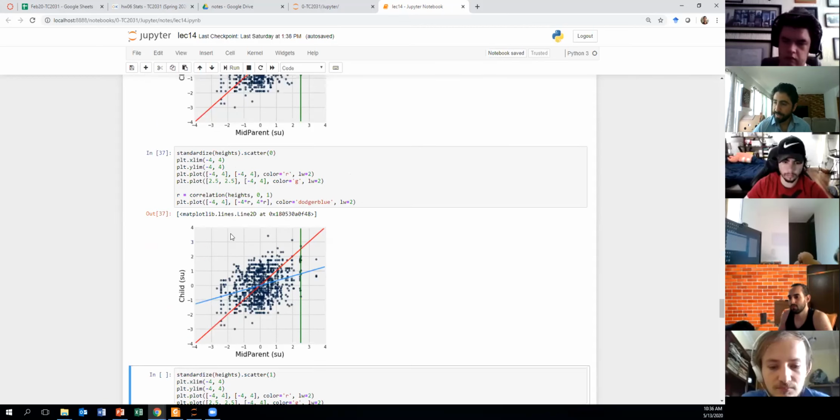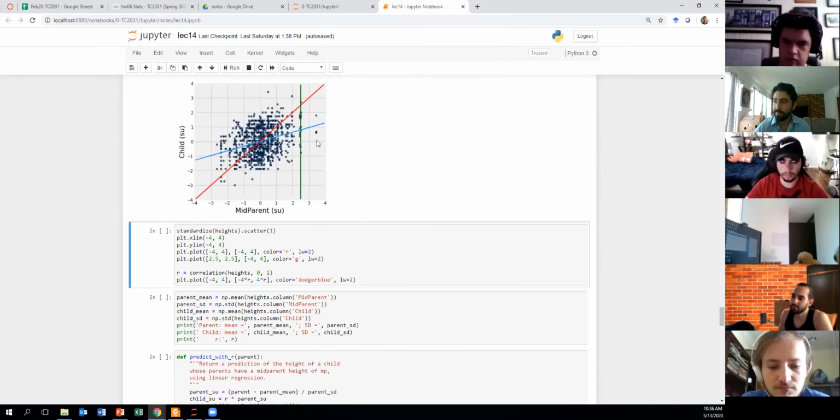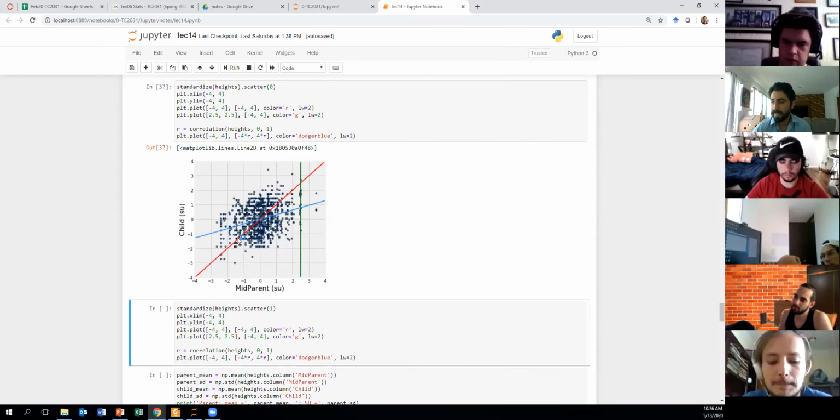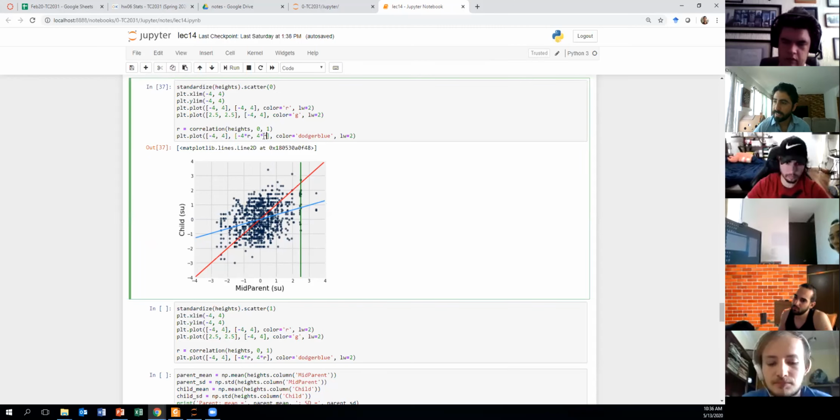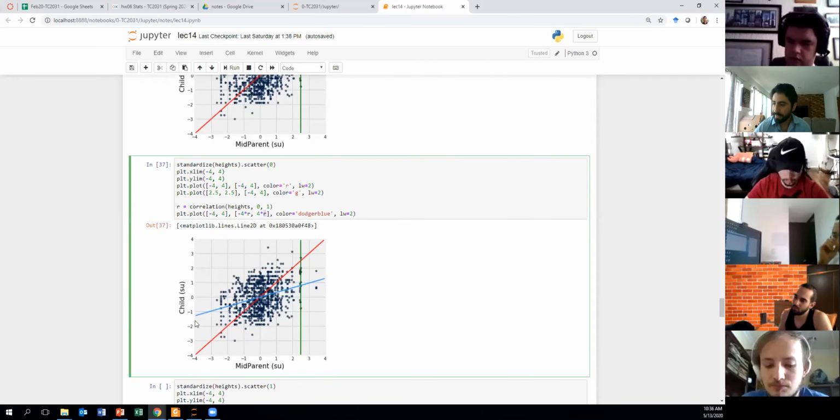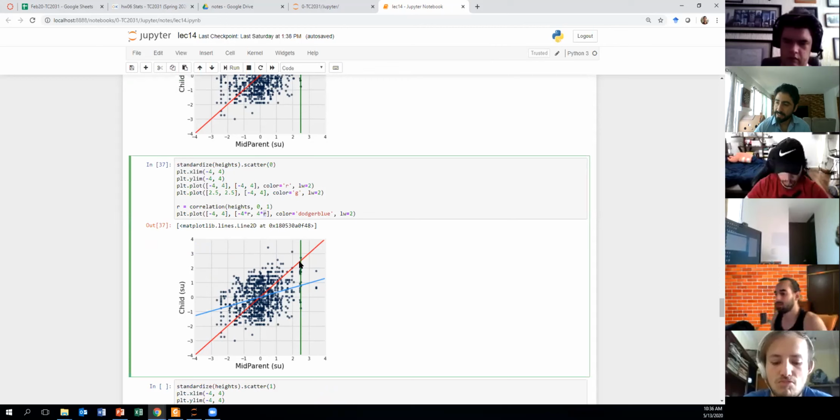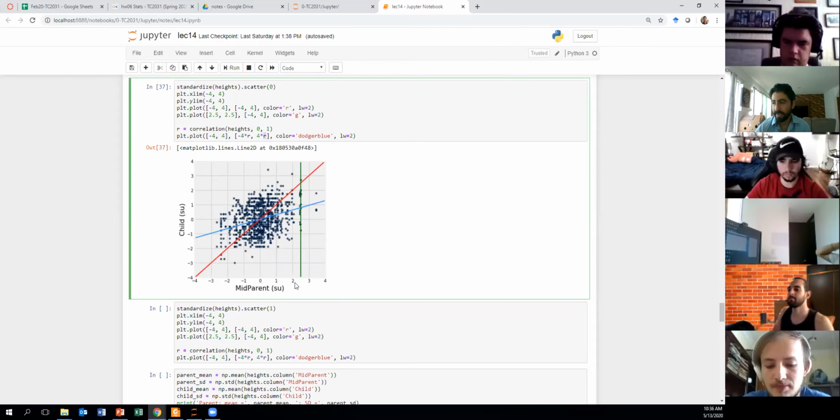In this figure, I drew this blue line, which is exactly my regression line. That's why I called it with R. Here you can see the R. That's my regression line going through all these points. The intersection between the blue line and the green line is falling here.